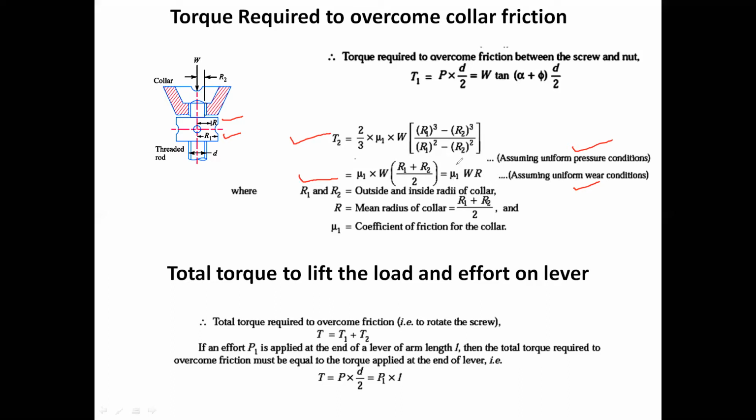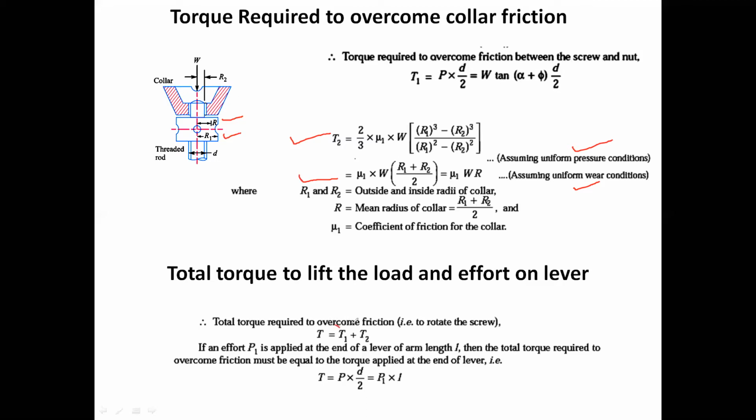This is a very simple equation. To reduce the complexity of the equation, you can assume the uniform wear condition. The total torque is equal to T1 plus T2. You can see the equation here.